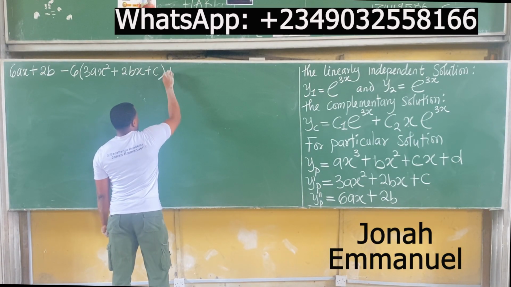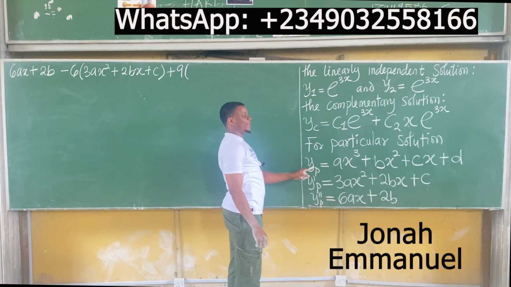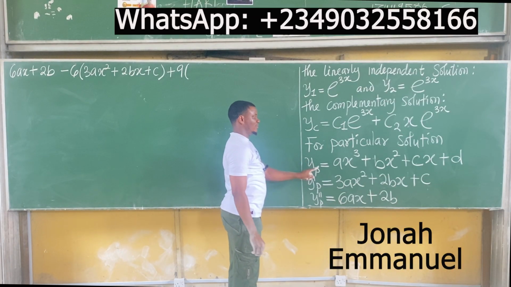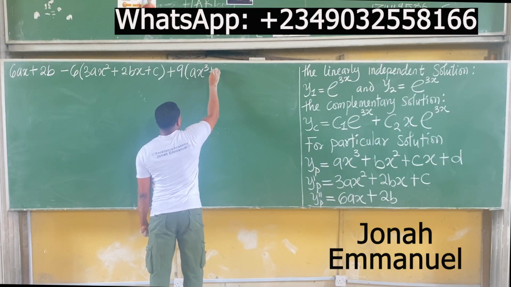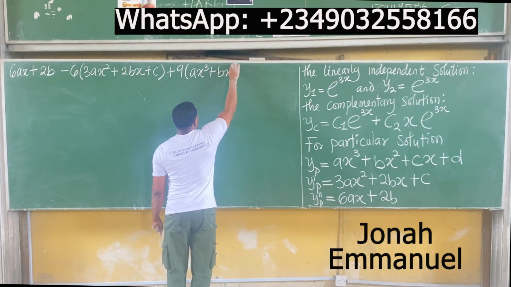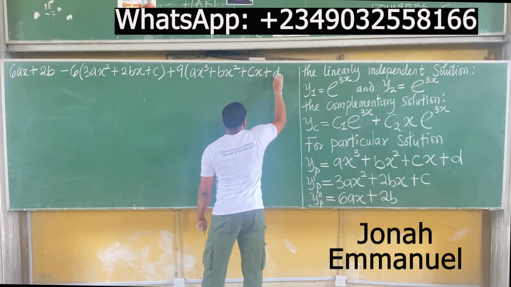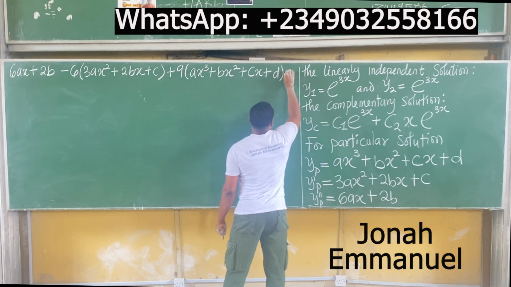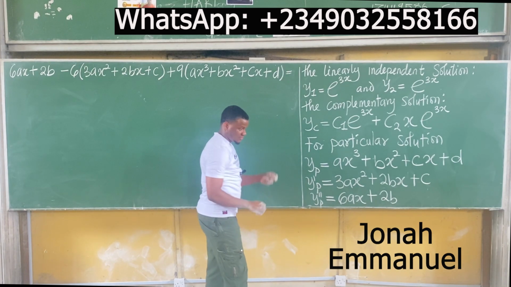Plus 9 into y. Y is, in this case, for particular solution, we're using this one here. What do you have there? Ax cubed plus bx squared plus cx plus d. This is equal to what there? It's equal to x cubed.